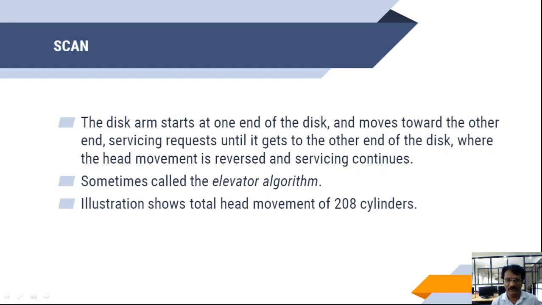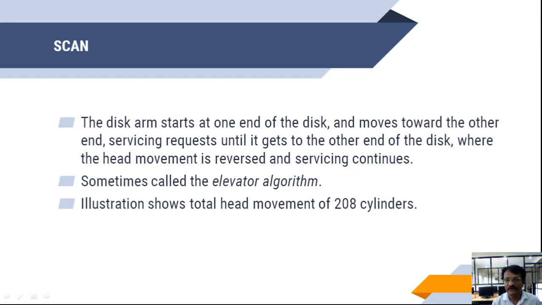While going from one end to the other, it keeps serving the request as it reaches each cylinder until it goes to the other end of the disk. Once it reaches the other end of the disk, the direction of the head movement is reversed, right? And it starts moving in the other direction.